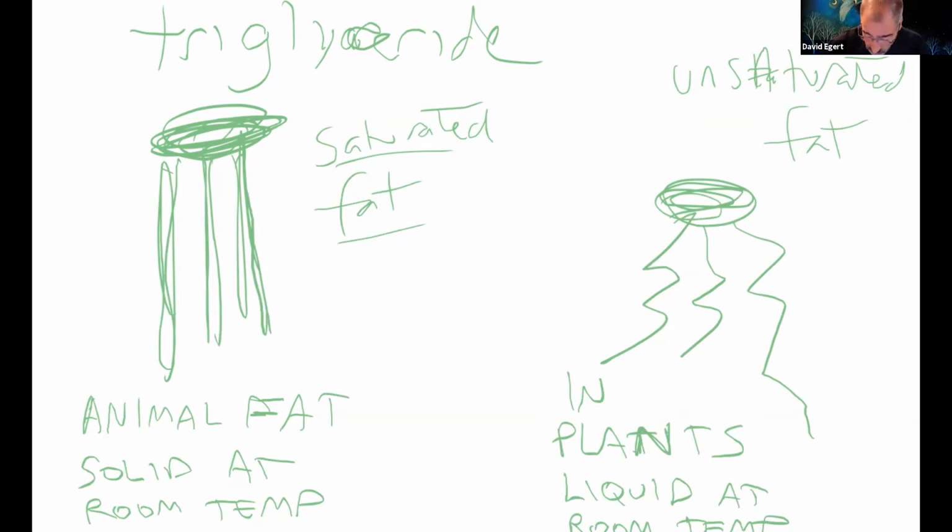But what's another word for fats that are liquid at room temperature? Oils. These tend to be oils. The only difference between an oil and a fat is the melting point. If there's only one point of unsaturation, then it would be called a monounsaturated fat.